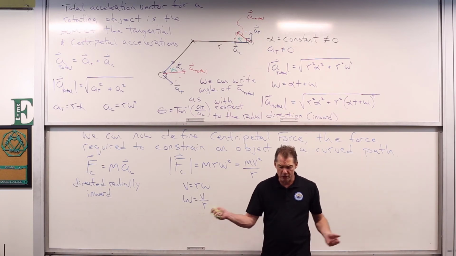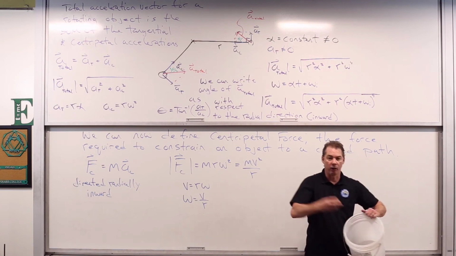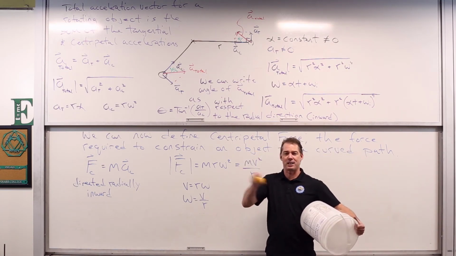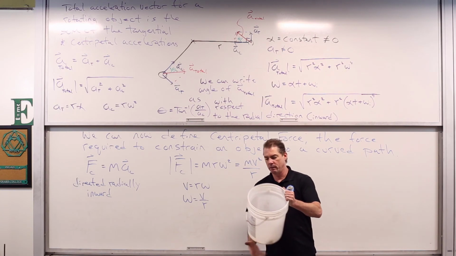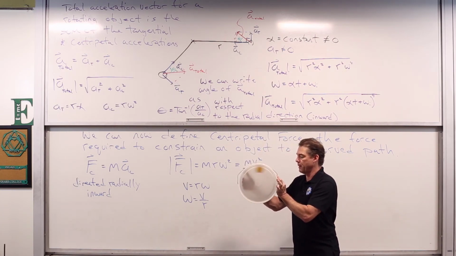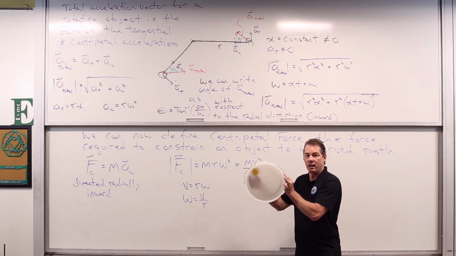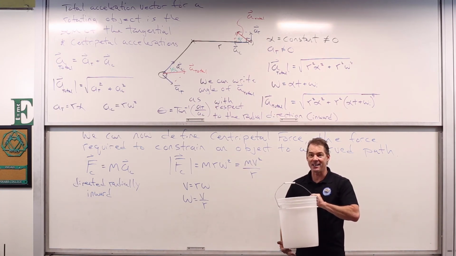The centripetal force just depends on the system itself. What happens if I take a little ball here and say, I want it to spin around in this bucket? If I can take this bucket and get that ball spinning around, you say, well, what force is acting on this ball that's constraining it to its curved path? Oh, that's got to be the normal force.